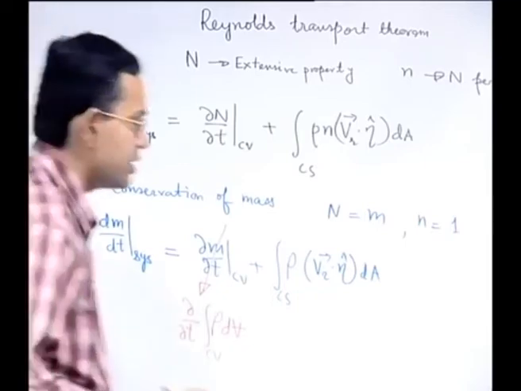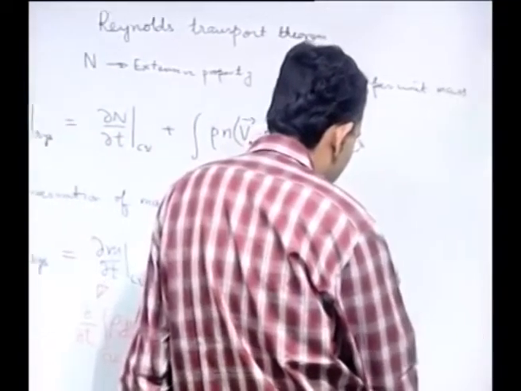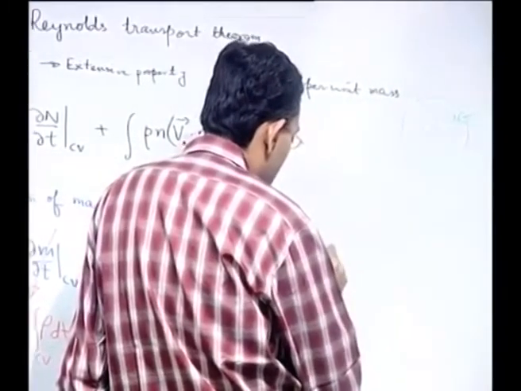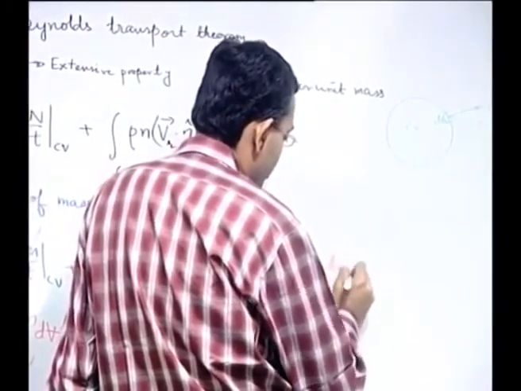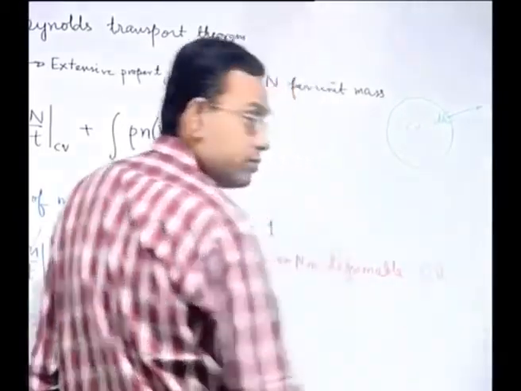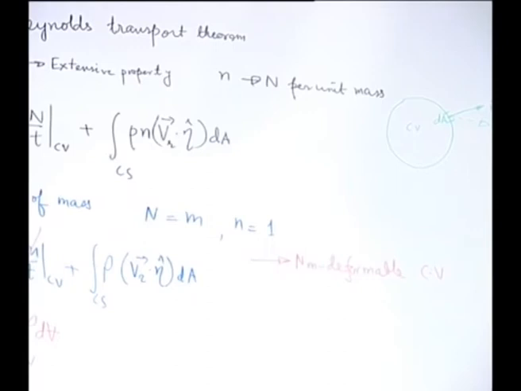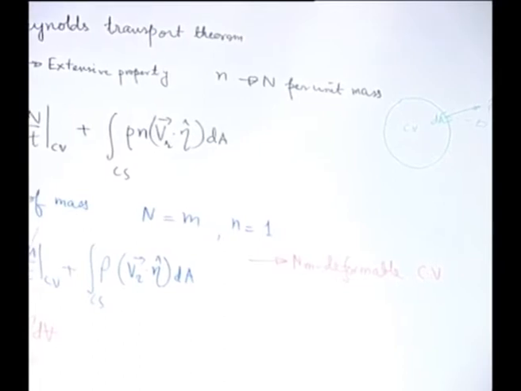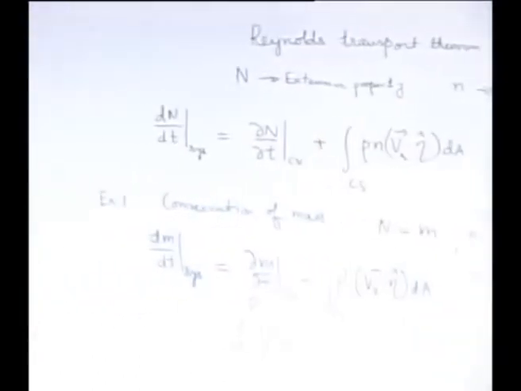What are the simplifications? The first simplification is we take a non deformable control volume. When we say a non deformable control volume, what do we mean by that? We mean that the volume of the control volume is not a function of time. So, the volume of the control volume does not change with time.